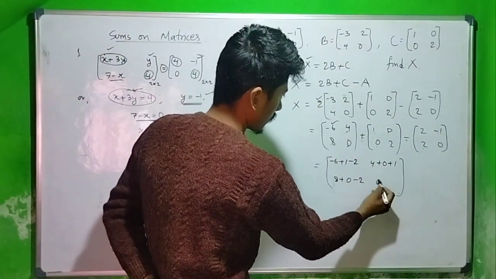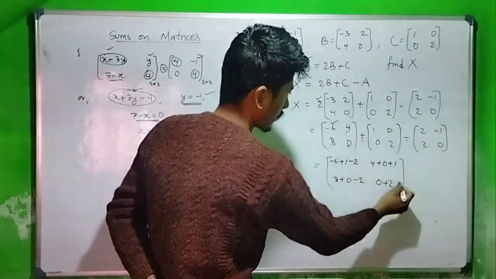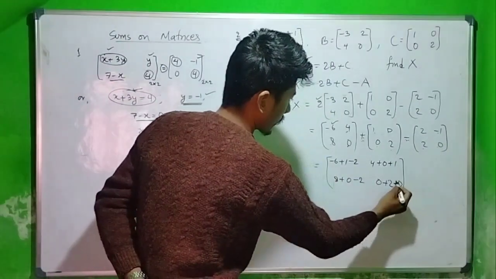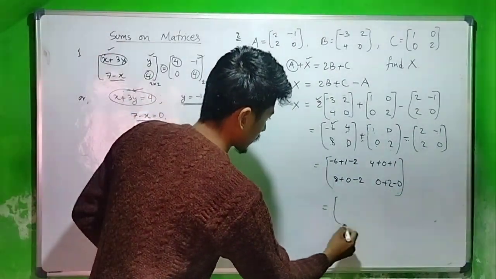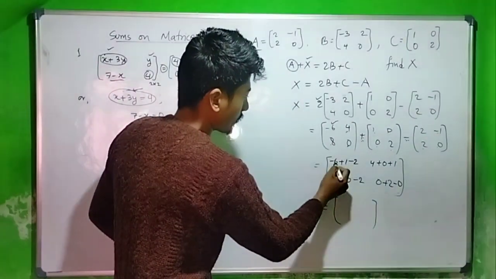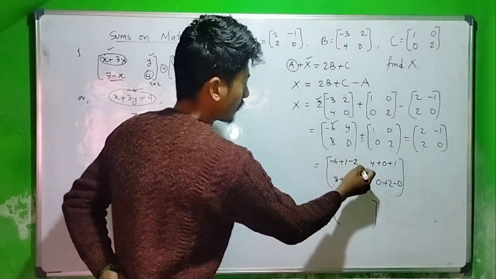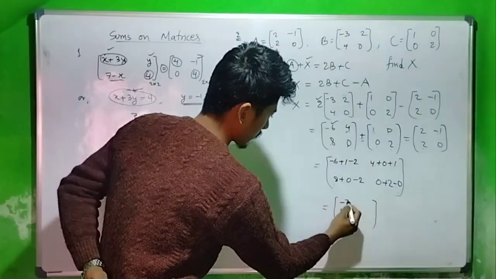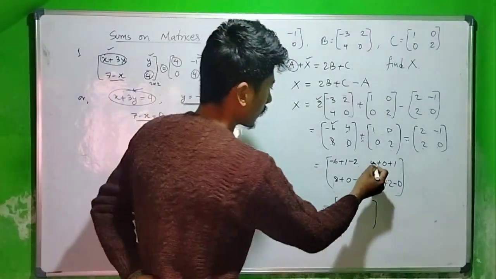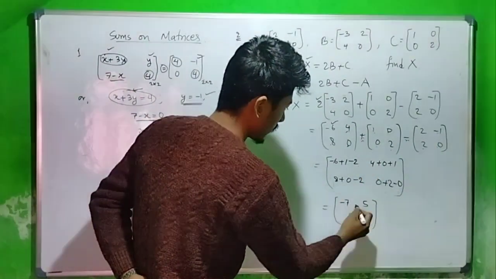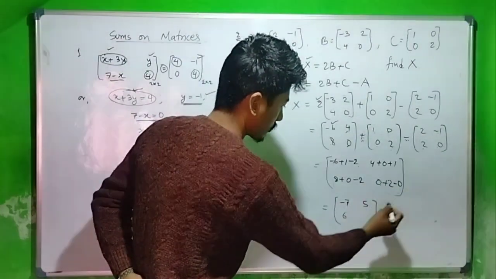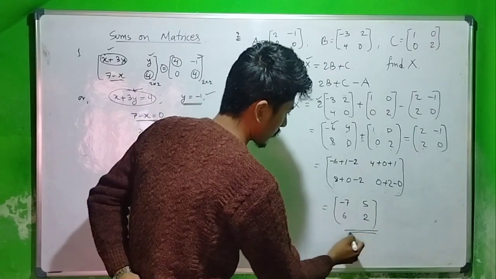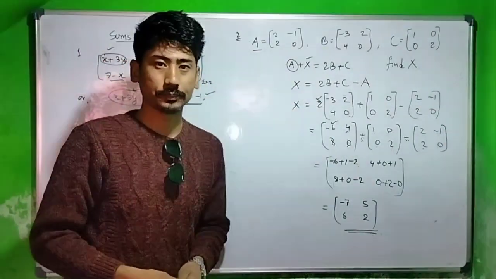Similarly 0 plus 2 minus 0. If you simplify this, we'll get the value of X. So minus 6 plus 1 minus 2 will give you minus 7. Similarly 4 plus 0 plus 1 gives you 5. 8 minus 2 gives you 6 and 0 plus 2 minus 0 is only 2. So this is the value of X.